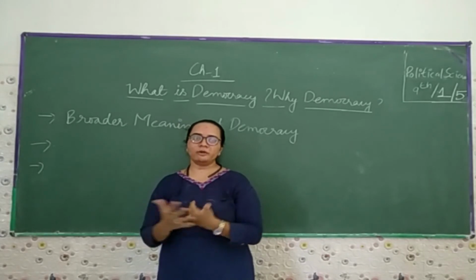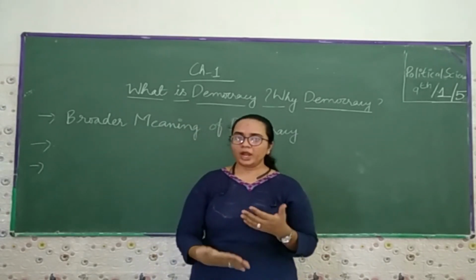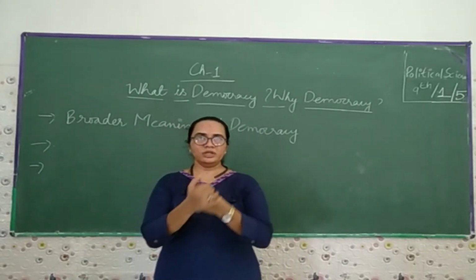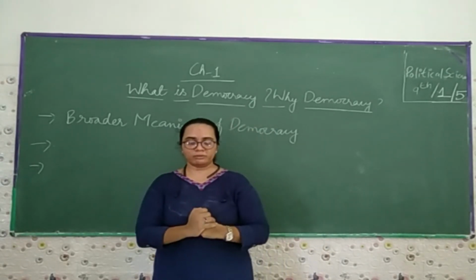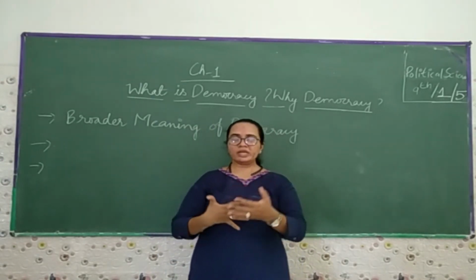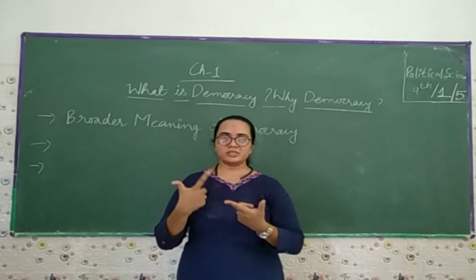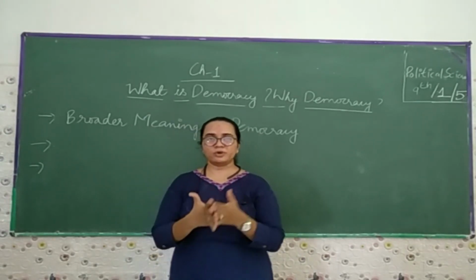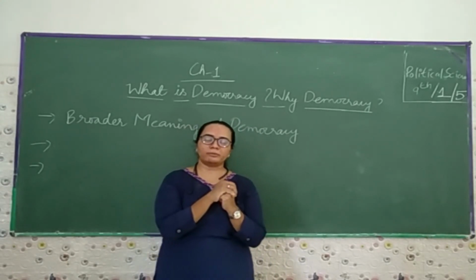We can differentiate between them: a democratic country takes good decisions, and a non-democratic country does not. In a democracy, the ruling government takes collective decisions by thinking of the people and the nation, by consulting a number of people. The plans, schemes, and initiatives taken by the government are in the correct form, not in a bad form.